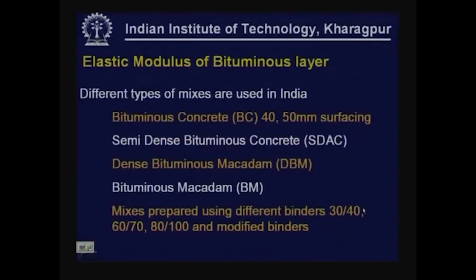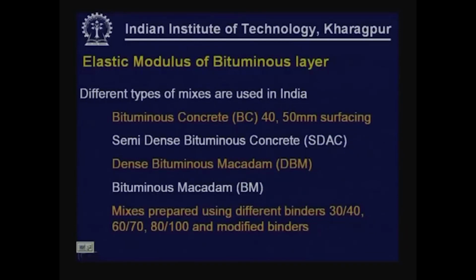Similarly, the elastic modulus value of bituminous layer can be determined in laboratory. We use different types of mixes for bituminous layers in India: bituminous concrete, semi-dense bituminous concrete, dense bituminous concrete, bituminous macadam. Typically, these are the materials for which elastic modulus values have been given in Indian Roads Congress IRC 37.